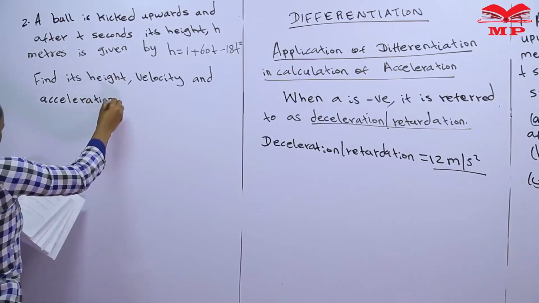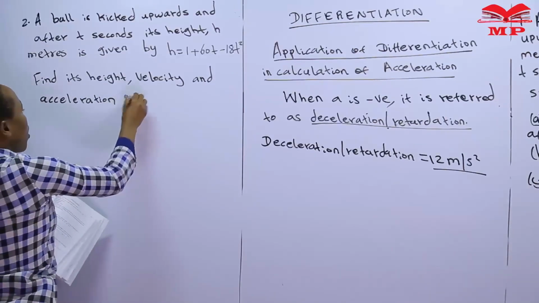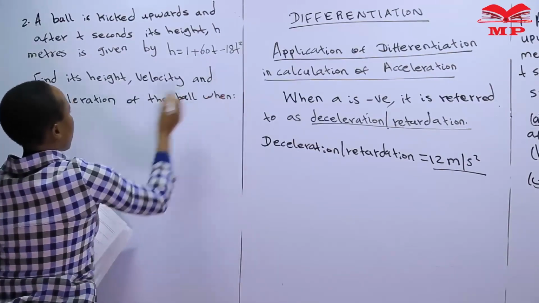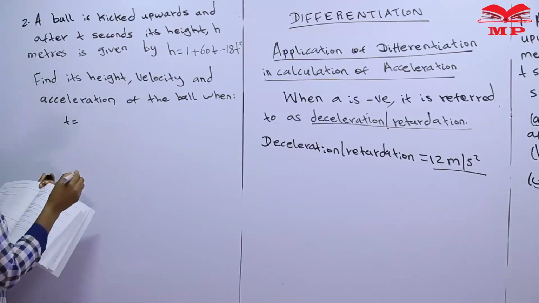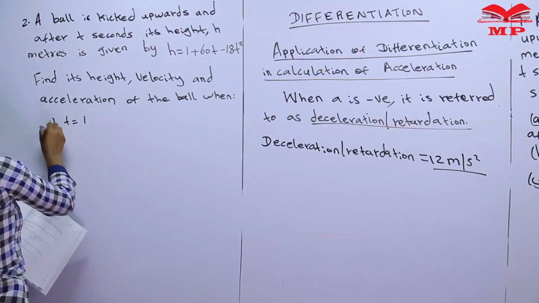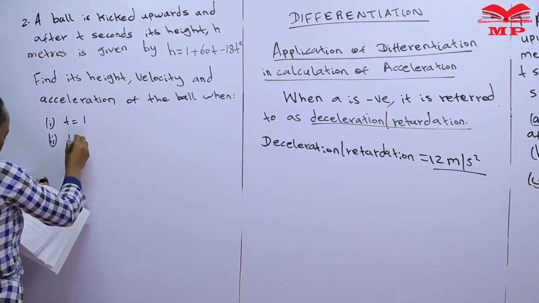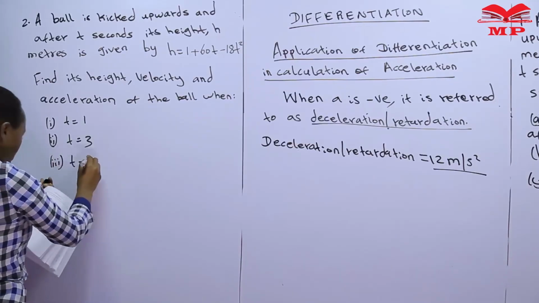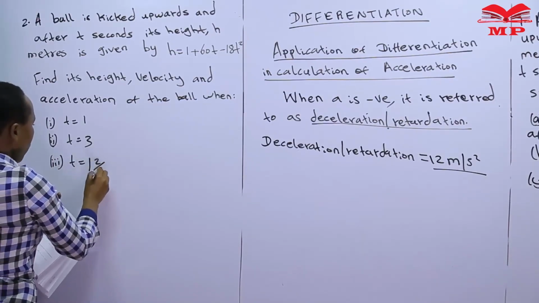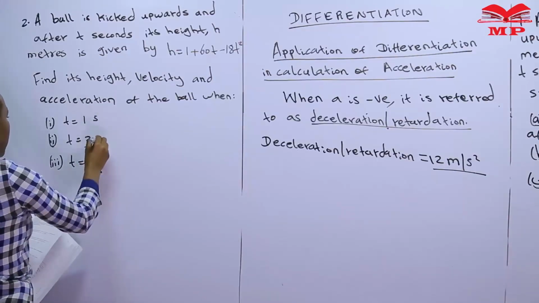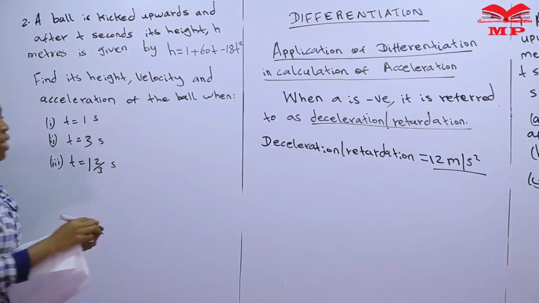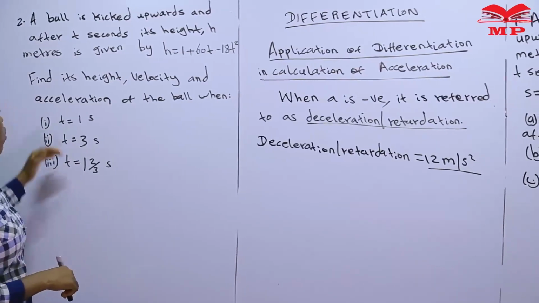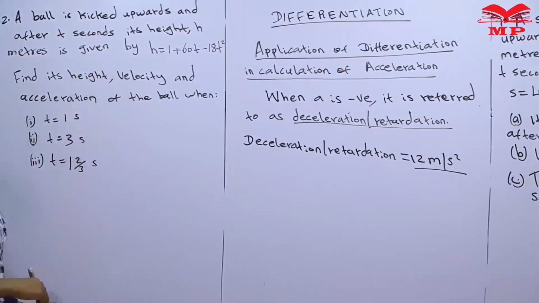You calculate the 3 of the ball at the following instants: when t is equal to 1, then when t is equal to 3, and number 3 when t is equal to 1 2 over 3. All these are seconds. 3 seconds, 1 2 over 3 seconds. So you ensure that you do these questions, calculate here the height, the velocity, and the acceleration.